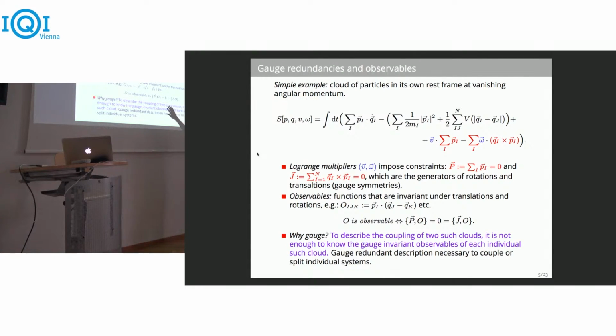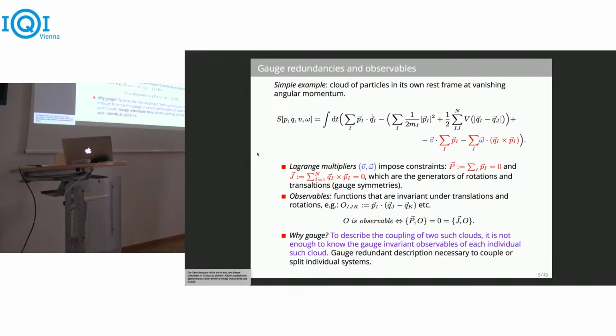So this is the ordinary action for n particles with a kinetic term and an interaction that only depends on the distance between the individual particles. And then we add Lagrange multipliers to impose the constraints. And it's easy to see that this action is invariant under global rotations of each individual particle and translations.